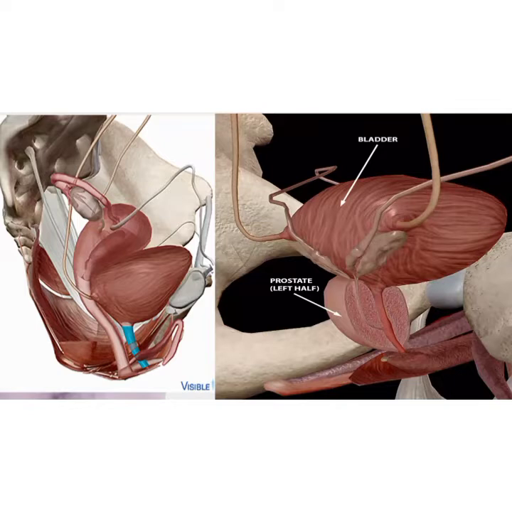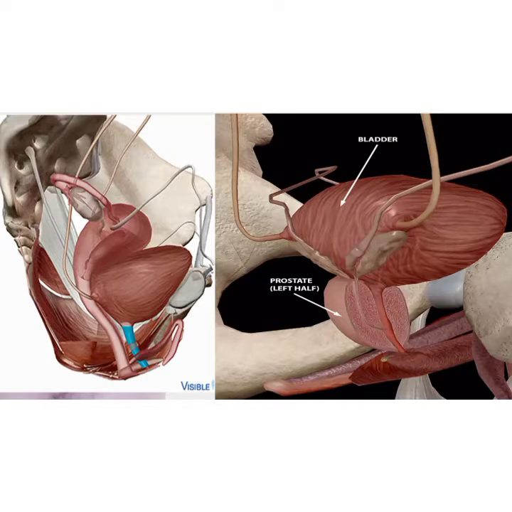So in male, the urethral tract and the tract for the passage of seminal fluid are common. So the lower part of the base is related to the seminal vesicles and the termination of the ductus deferens.